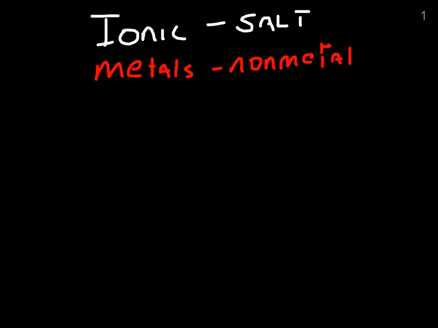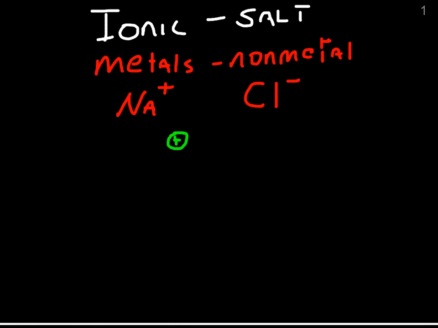It is made up of ions. So I would have a metal ion, like sodium, with a positive charge, and a nonmetal ion, like chlorine, with a negative charge. When they go together, it forms what's called an electrostatic attraction. So I would have an arrangement of positives and negatives repeating.